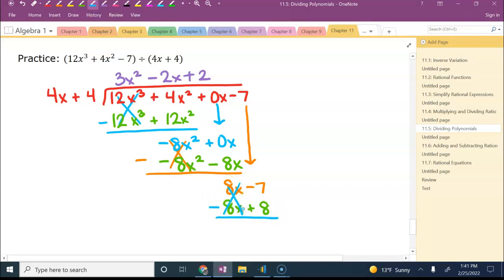You're going to have negative 7 minus 8, which would be negative 15. So this one did have a remainder. So up here on my answer, I'm going to do minus 15 goes on the top of my fraction. And then what we divided by, which is that 4x plus 4, goes on the bottom. And this right here would have been your answer for that division problem.